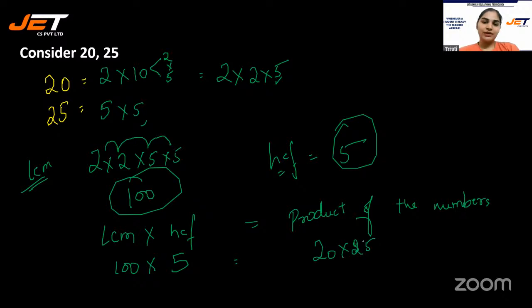Please find out whether it is correct or not. Is it correct? Yes, it is. 100 times 5 is 500. 20 times 25 is 500. Both are equal. That is the relation.